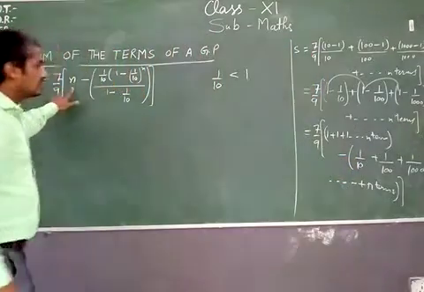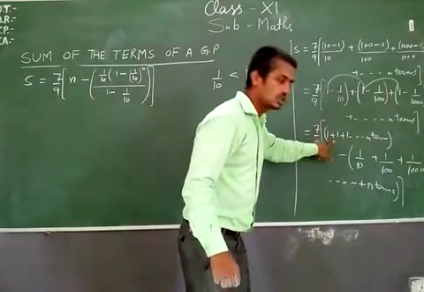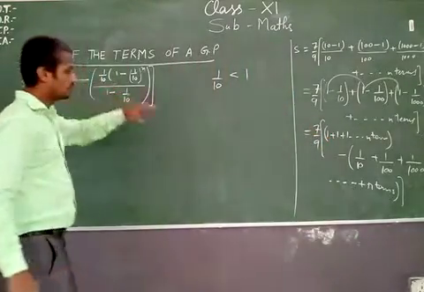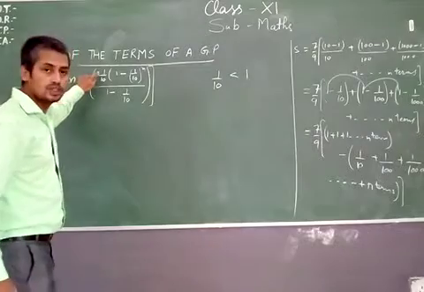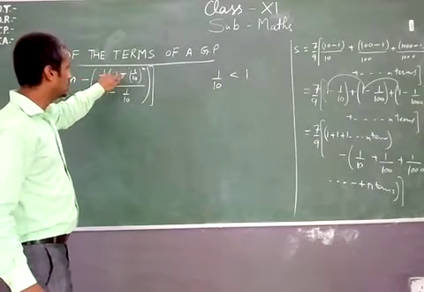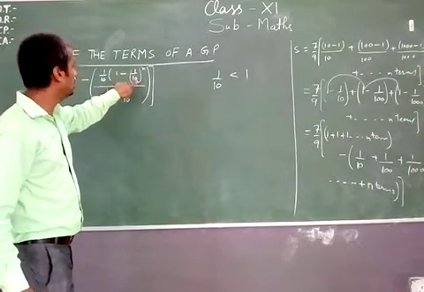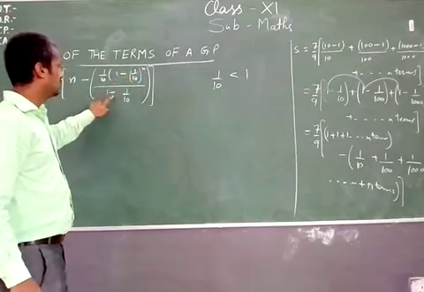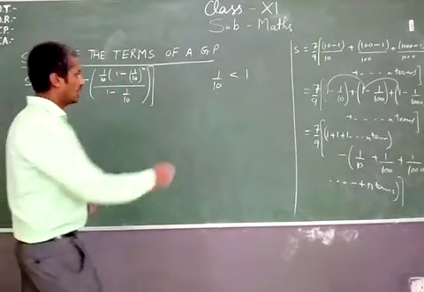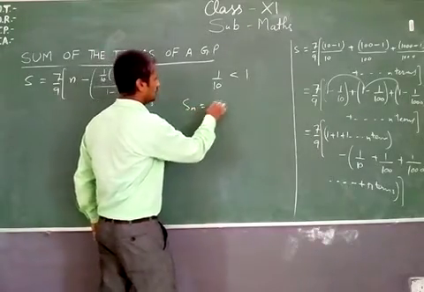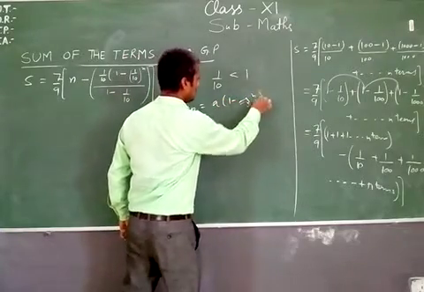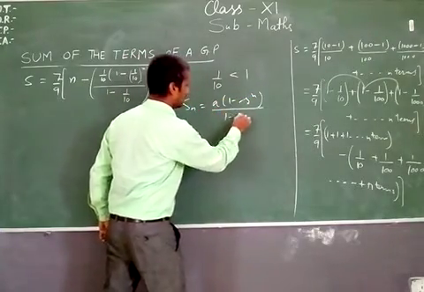The sum of this GP is n, and for the second GP, where the first term is 1 upon 10, we use a into 1 minus r power n upon 1 minus r. I am writing here which formula we have used.